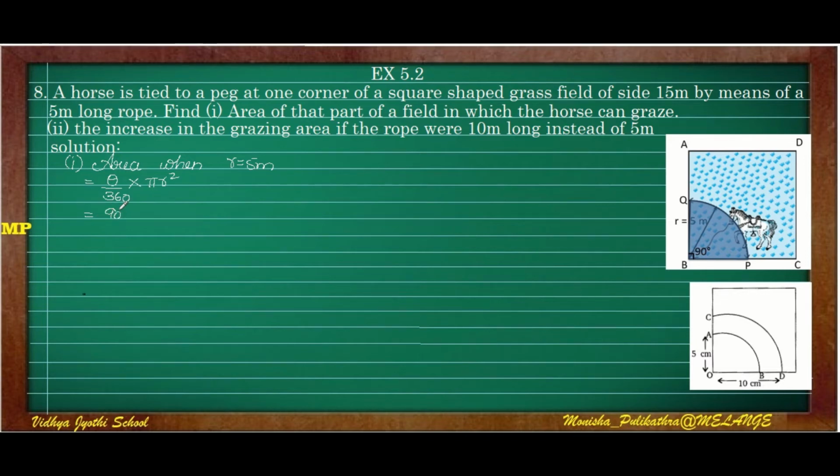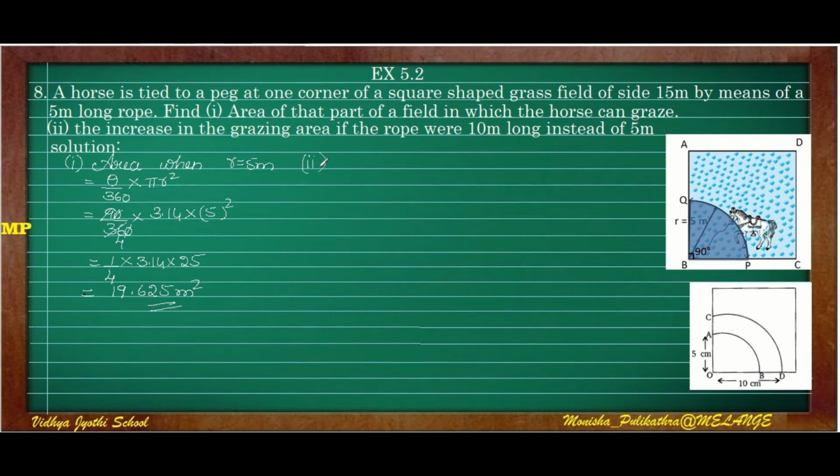Therefore 90 divided by 360 into 3.14 into 5 square, that is 5 into 5. 0 0 cancel, 9 ones are 9, 9 fours are 36. So here 1 by 4 into 3.14 into 25. So the division we will get 19.625 meter square. So this is the area grazed when the rope is 5 meter.